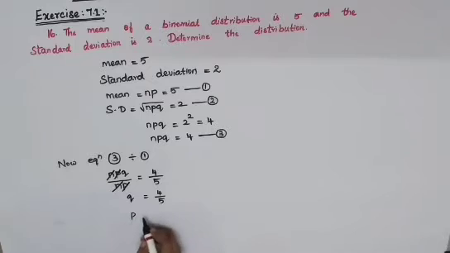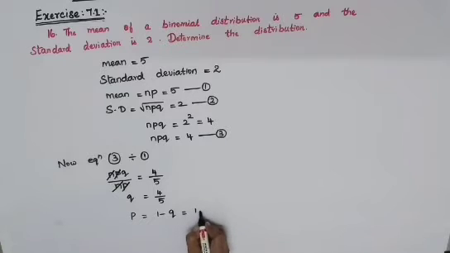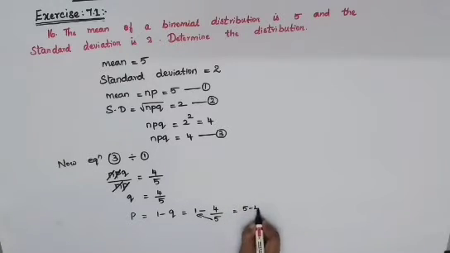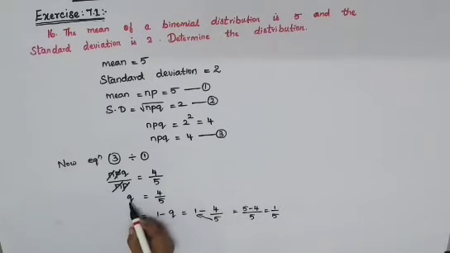P we'll have to find. So for p we know the formula, it is 1 minus q, which is equal to 1 minus 4 by 5. Now get your LCM, that is 5 minus 4 divided by 5, which is equal to 1 by 5. We have got q and p, we will have to find n now.